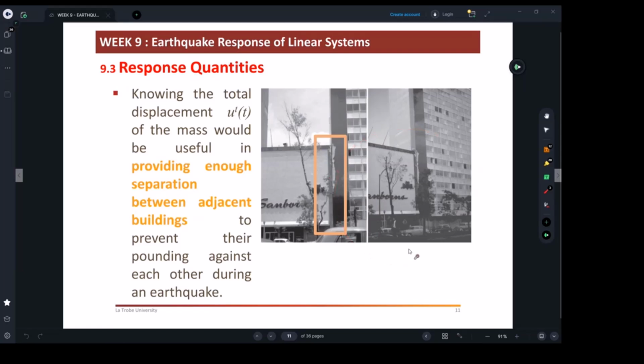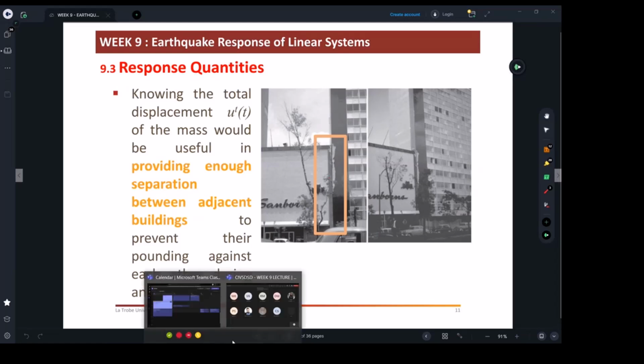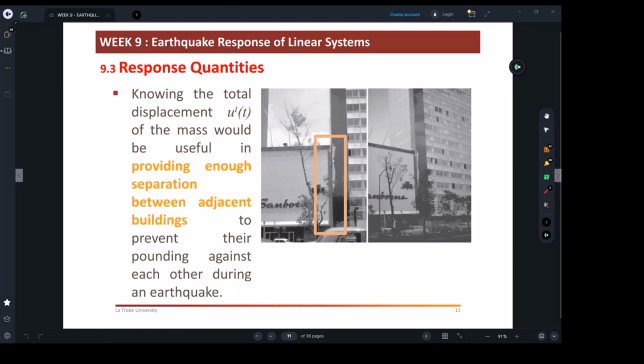So it all comes from determining the displacement level of your newly constructed building. That's if we are designing something new.